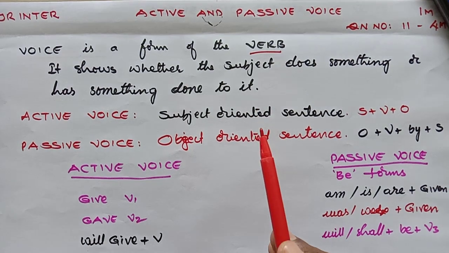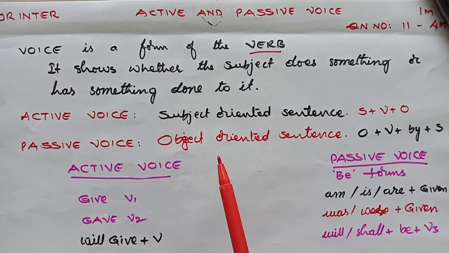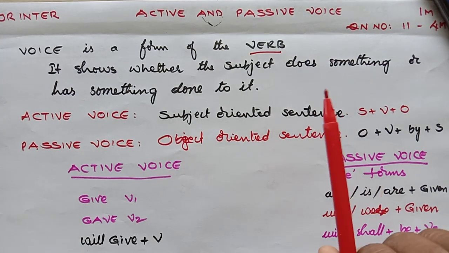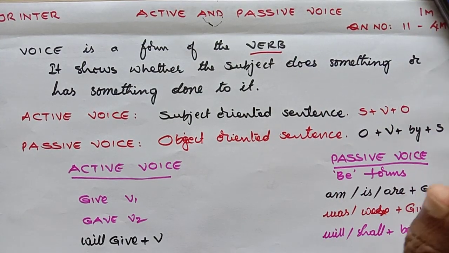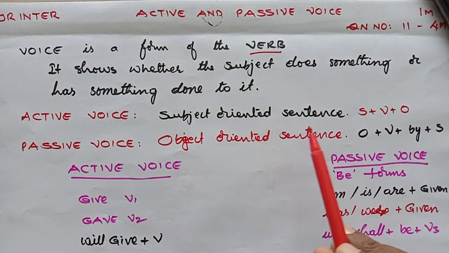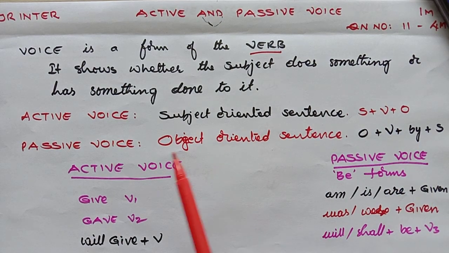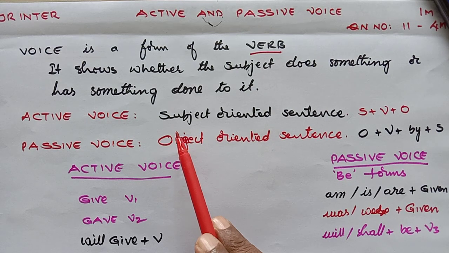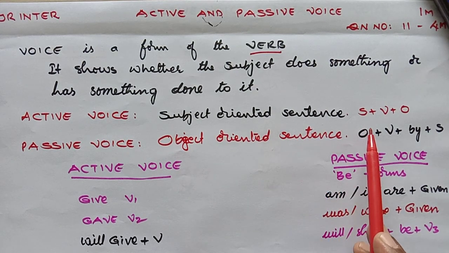We know pretty well that in sentences of English we have subject, verb and object, is it not? Now all these sentences are called active voice sentences, and active voice sentences are known as subject oriented sentences.